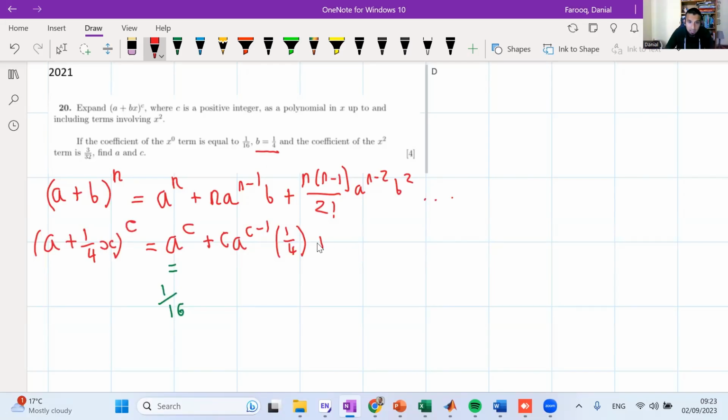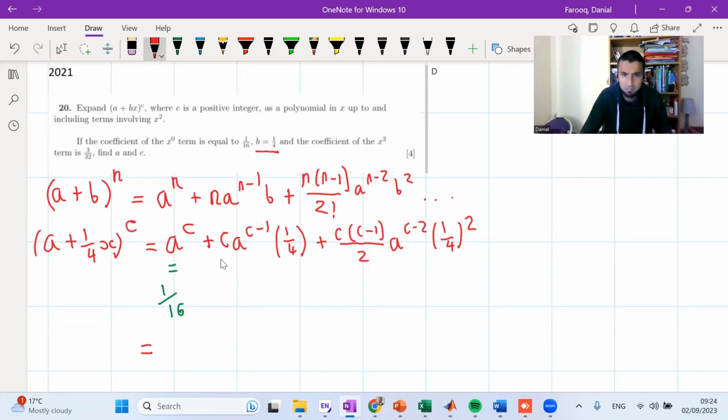And the next term will be c(c-1) over 2 factorial, which is 1 times 2, which is 2. And then it will be a^(c-2) times a quarter squared. We know that this one is going to be equal to 3/32.